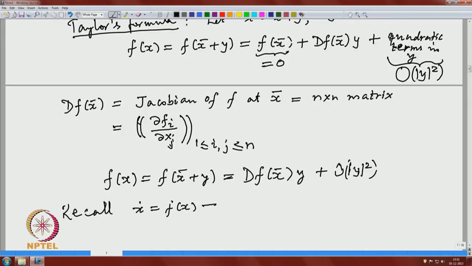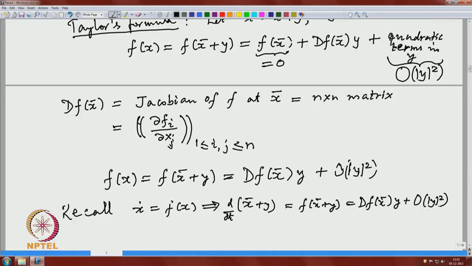So, this implies y dot, that is d by dt of x bar plus y, is equal to f of x bar plus y.